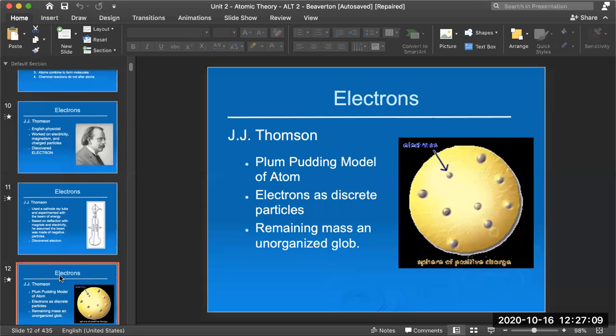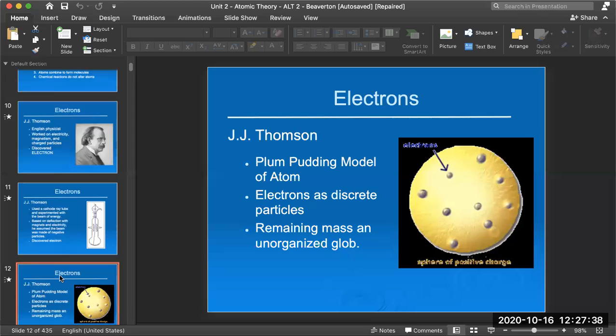It is like a bowl of oatmeal. Except he was from England, and so in England, they really don't eat oatmeal with raisins in it. If he was from America, it would have been probably called the oatmeal raisin model. But in England, they have something called plum pudding, which is kind of a cake that's kind of dome shaped. And it's sort of a yellowish color and has bits of fruit in it, plums in it.